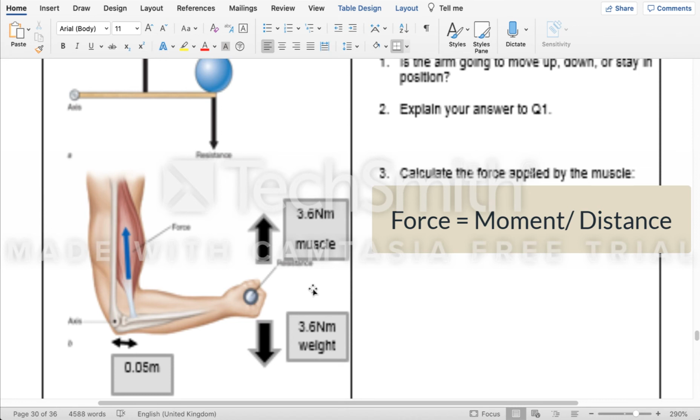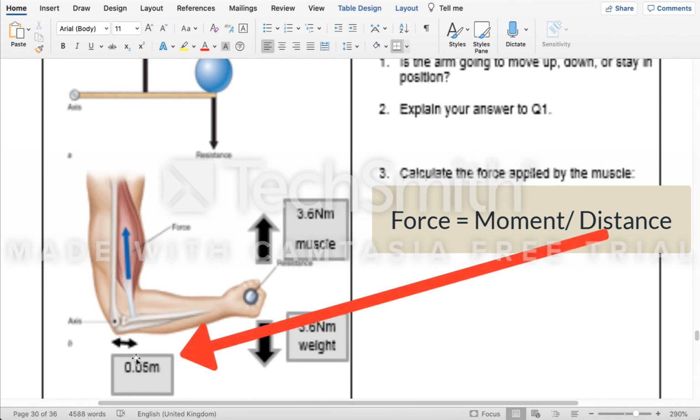So for force, we need moment and distance. Looking at the diagram, do you have the moment? Yes, you have your moment right here, 3.6 newton meters. Good, check that off. And then do you have your distance? You can see right here, yes, you do.